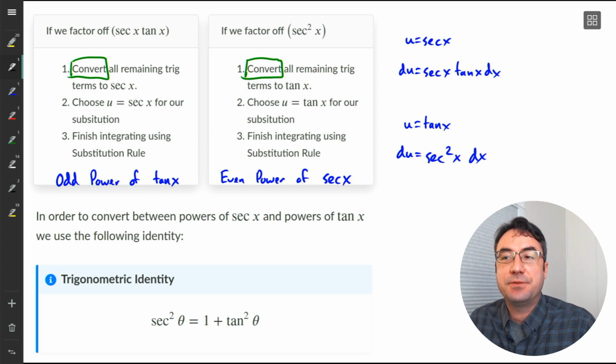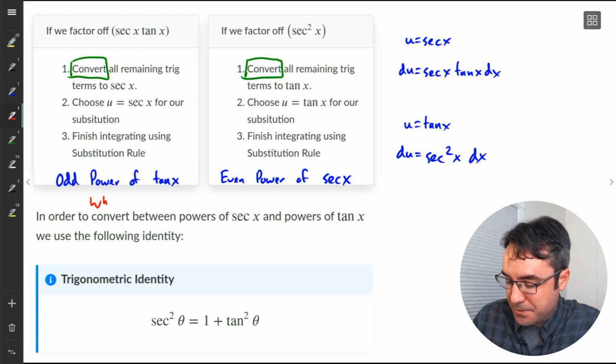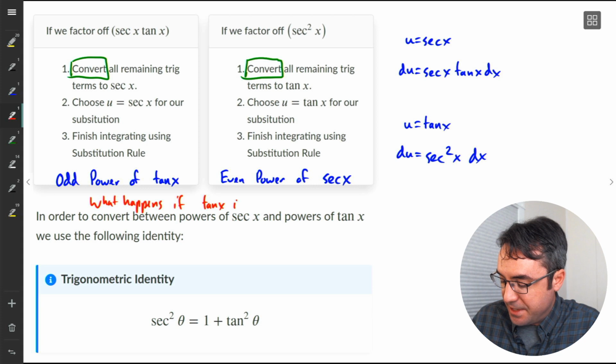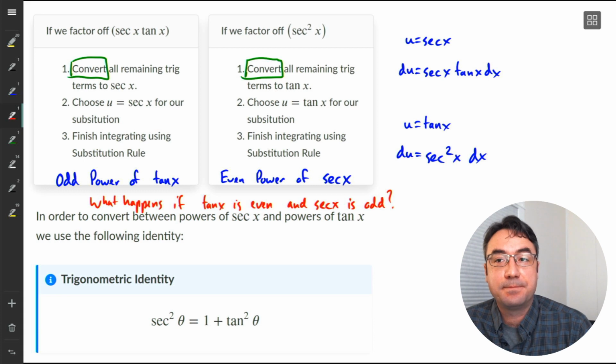This strategy works if we have an even power of secant, but that doesn't cover all cases. So the question is, what happens if tan x is even and secant x is odd? We're going to answer that next time.